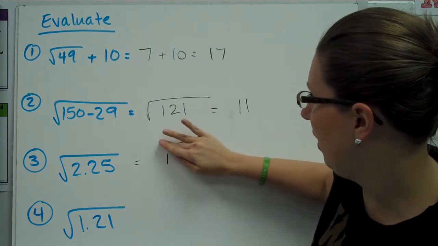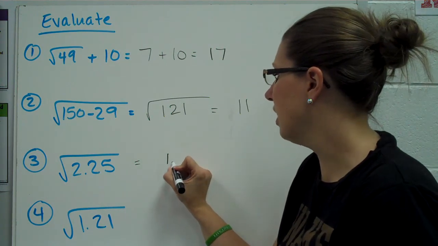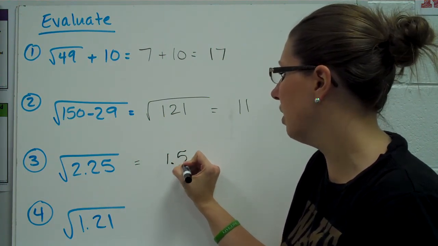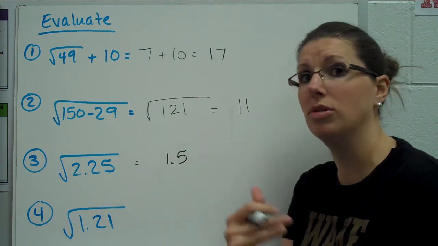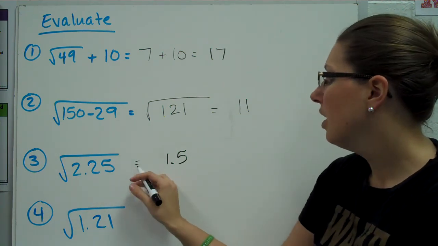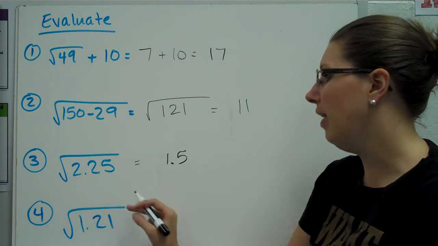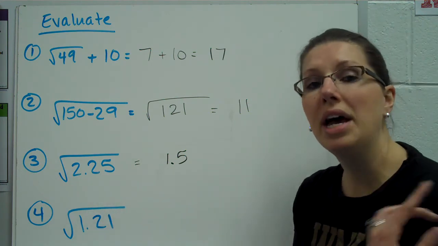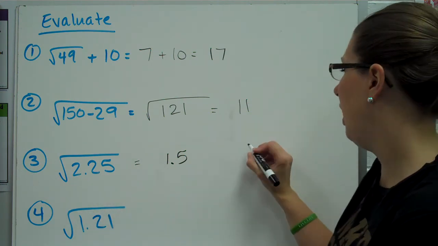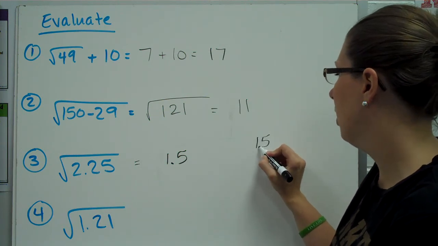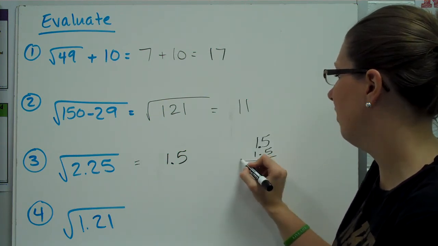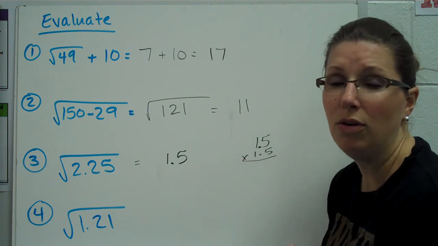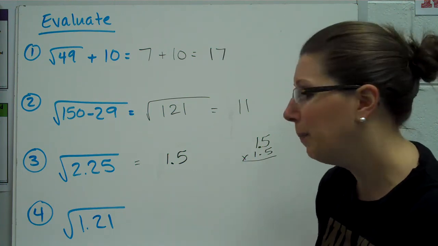And I shouldn't have drawn that symbol, because if I'm taking the square root of something, that square root symbol goes away. So the square root of 2.25 is actually 1.5. And I can double check myself by doing some multiplication over here. 1.5 times 1.5. That's a good way to check yourself, or also check yourself in the calculator.